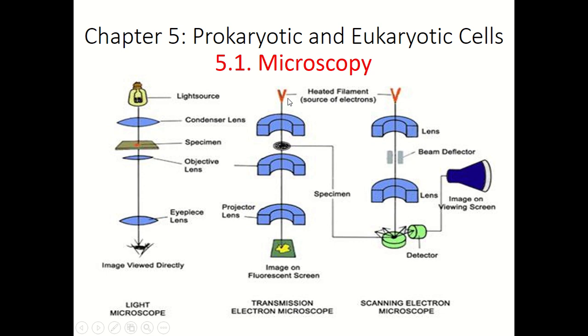Meanwhile, in TEM, they focus the electron beam to pass through the specimen to provide an internal structure image. For SEM, the electron beam is focused onto the surface of the specimen, so it provides a 3D image of what the surface of the specimen looks like.